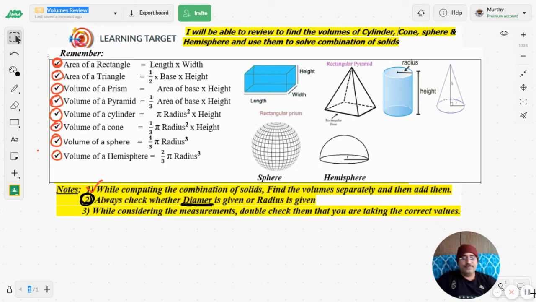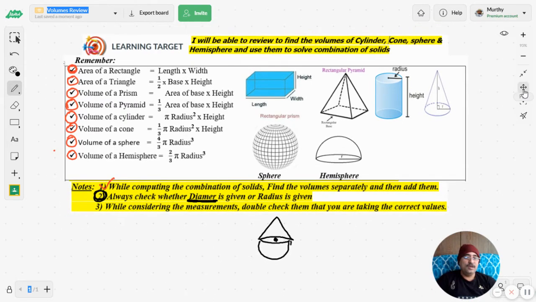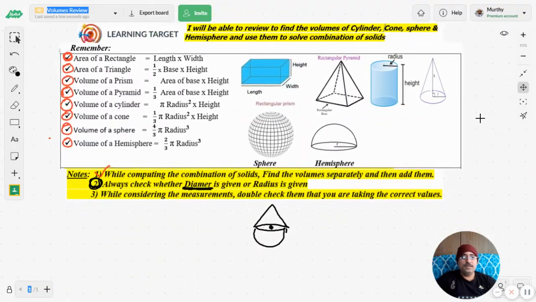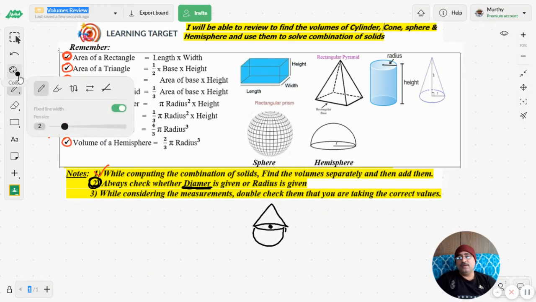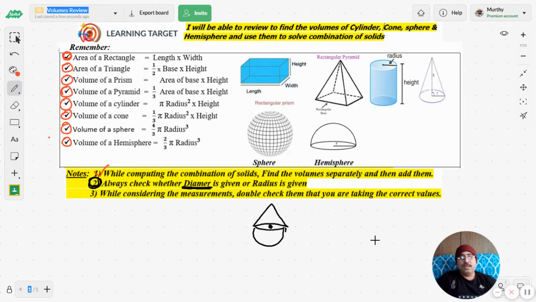Suppose there is a cone surmounted on a hemisphere. Let's say the radius of the hemisphere is 7 inches and the total height is given as, say, 20 inches.